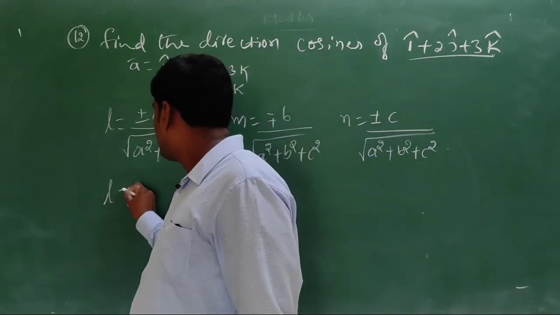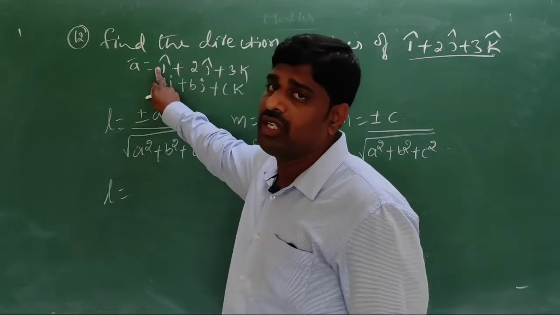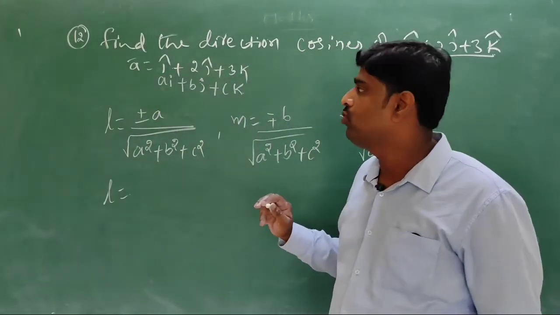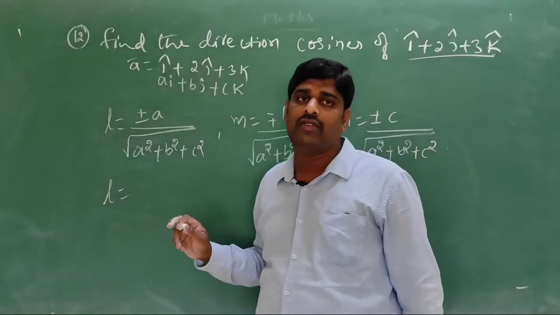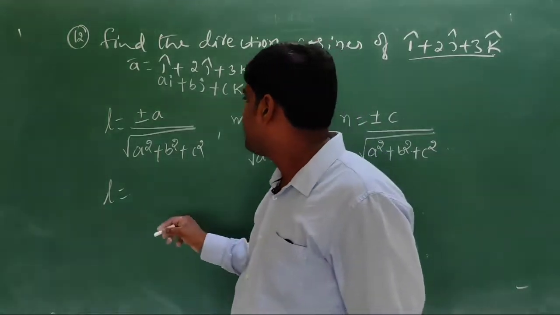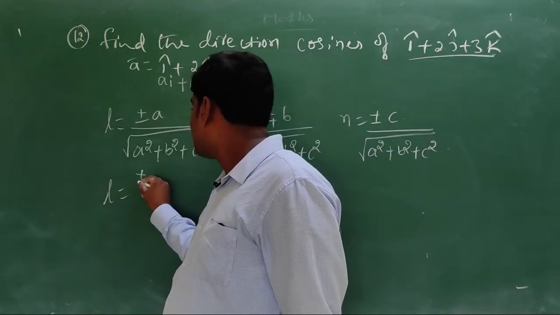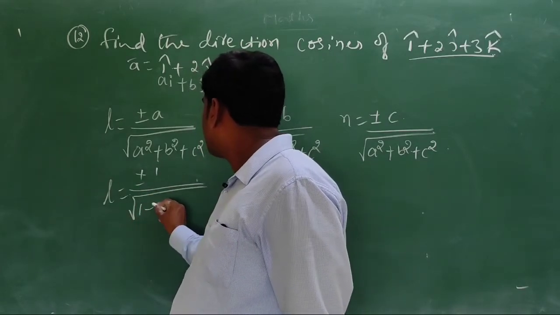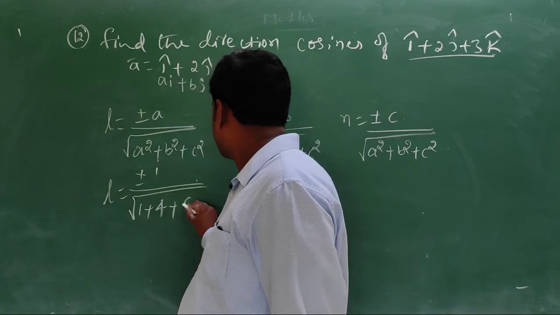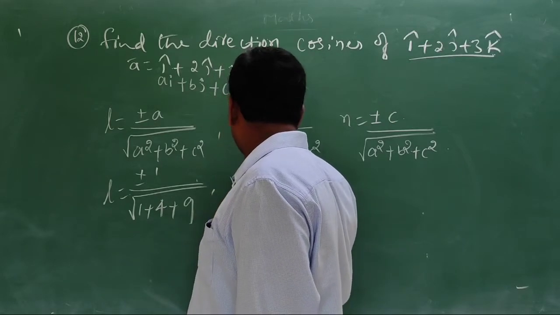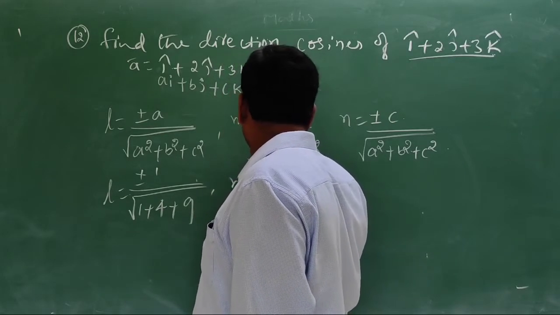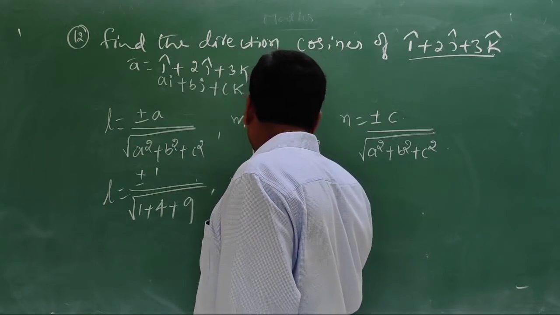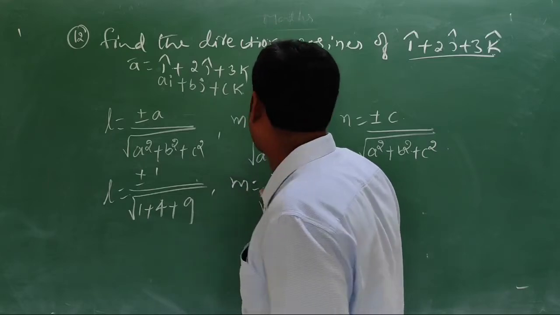Therefore, l is equal to, what is the value of a? a value is 1. What is the value of b? b value is 2. What is the value of c? c value is 3. That is, l is plus or minus 1 divided by square root of 1 plus 4 plus 9. m is equal to minus or plus 2 divided by square root of 1 plus 4 plus 9.